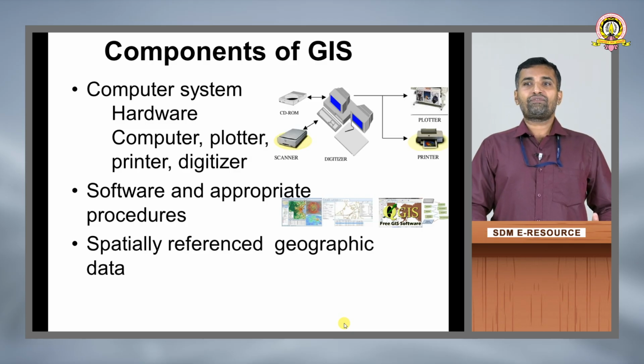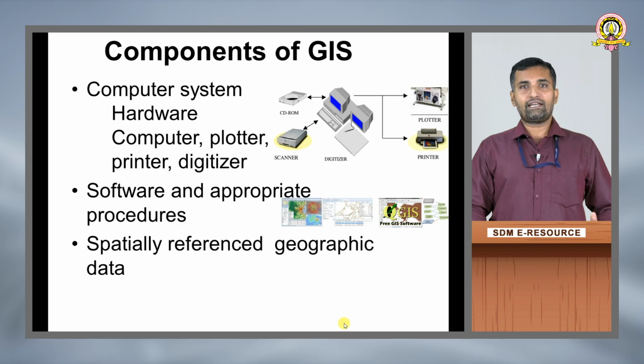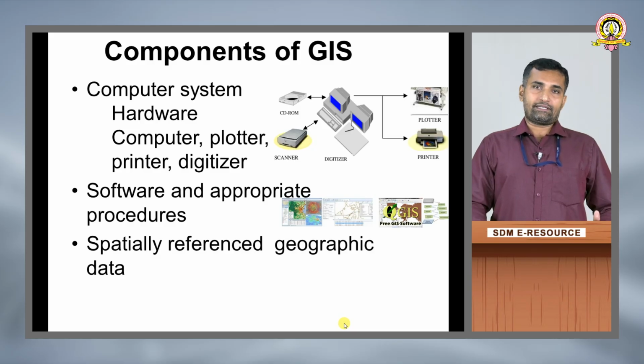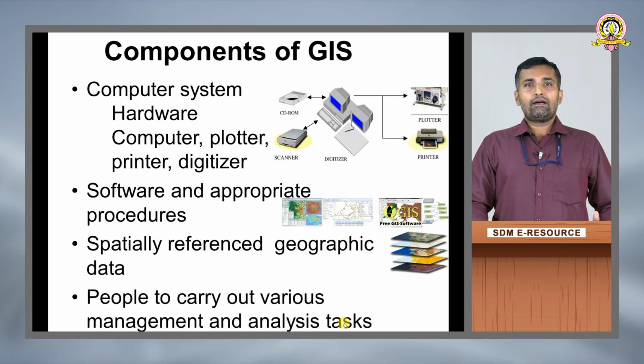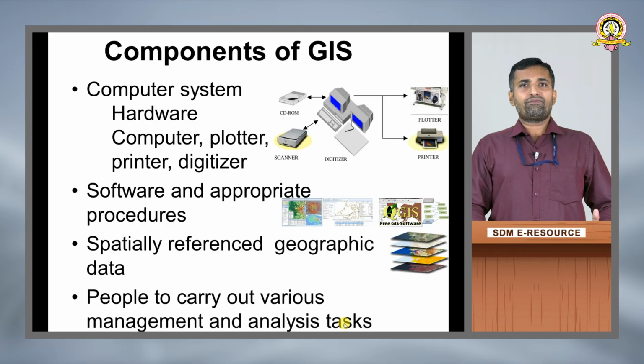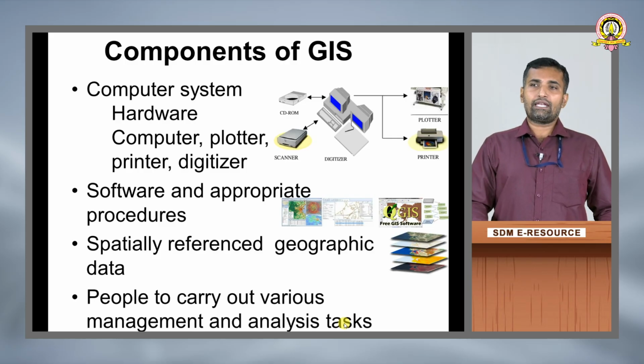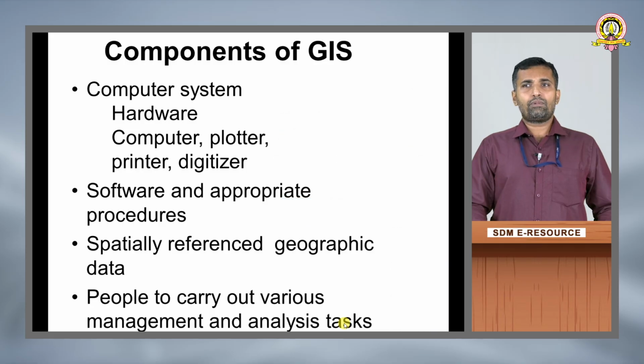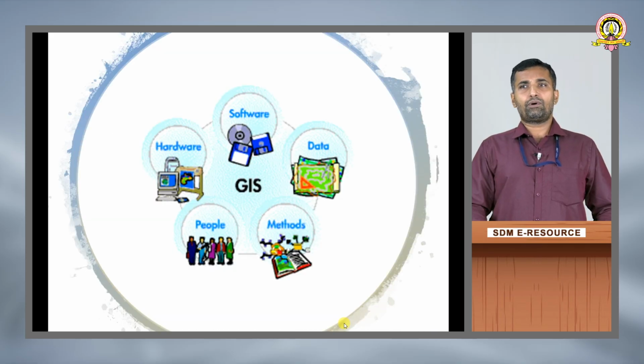Spatial reference geographic data means all spatial data, including all maps, satellite imageries, aerial photographs, etc. Then a very important component, we never forget, is the people to carry out various management and analysis tasks. So there are 5 important components in a GIS: the software, hardware, data, people and the appropriate methods.